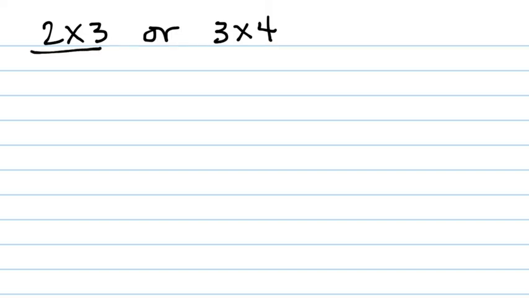Once you have these, you can have either a 2x3 or a 3x4. Those are the ones we're going to be solving. Now we only have one of those because they're very quick and easy. We have two of those. They take a little longer, but you're using the same process. And there's a process for making all of these work.